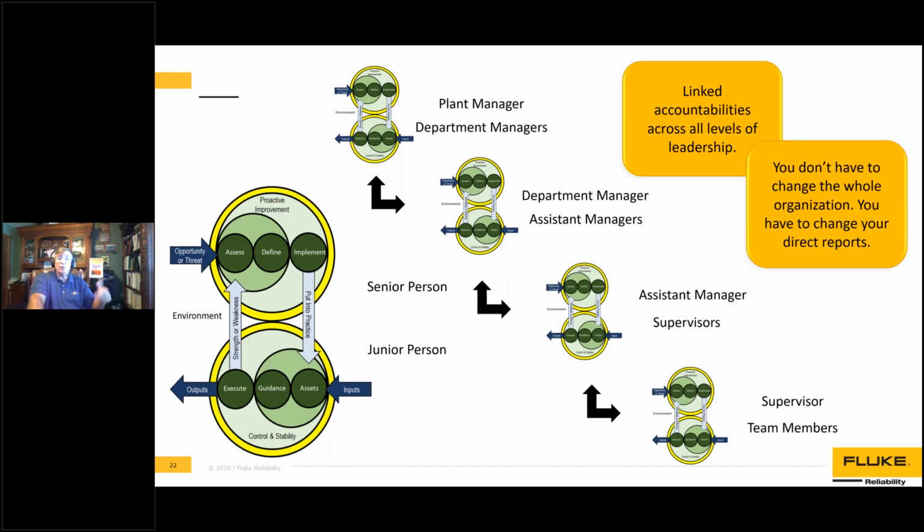Remember, span of control and time management. Those provide you with the capability of being attentive and assertive. So again, if you're the plant manager, don't think about how do I get supervisors in line. Think about how do I get my department heads in line, and then give them the marching orders to get their assistant managers in line, right?